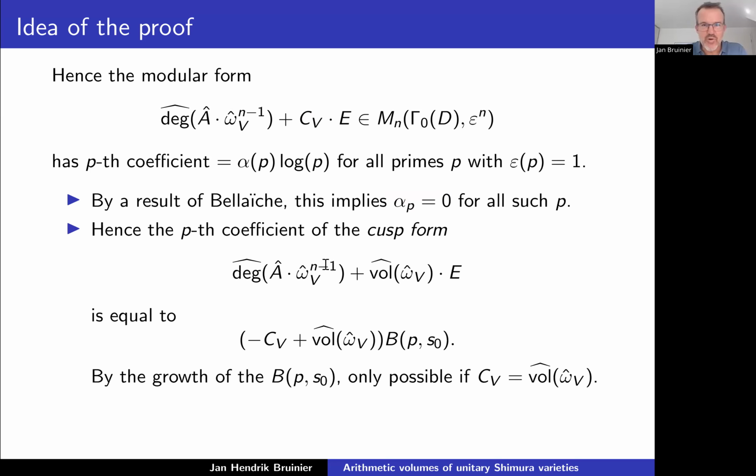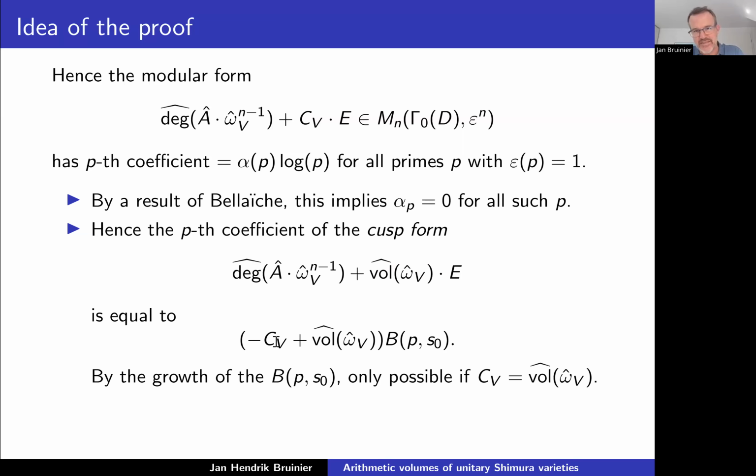And in other words, this tells us that if we compare the degree generating series with the multiple of the Eisenstein series given by the arithmetic volume of this Hodge bundle, then this is equal to this claimed formula for the arithmetic degree plus the volume of the arithmetic degree. And also, basically by construction, this guy is a cusp form.